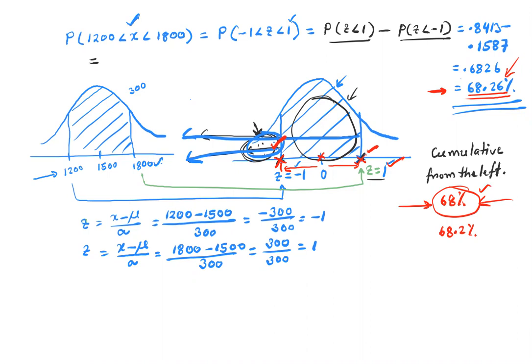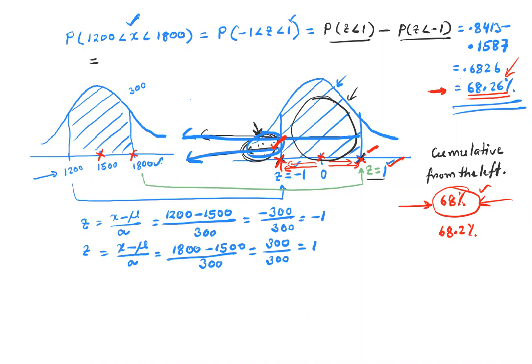If you have a bell-shaped curve, or a normal distribution, or Gaussian distribution, and you go 1 standard deviation to the right of the mean and 1 standard deviation to the left of the mean, then you include roughly about 68% of the total data, or 68.26% of the total data. So going from 1500, the mean, to 1800 is like moving 1 standard deviation.